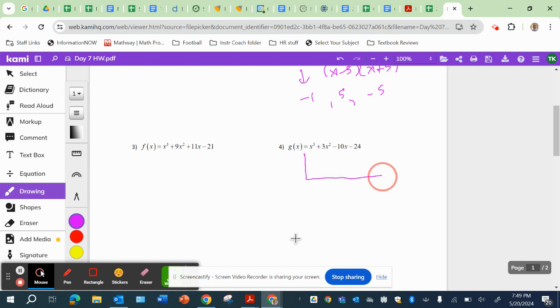So again, looking at my factors here, I have a whole bunch of them. 1 and -1, 2 and -2, 3 and -3, 4 and -4. We're hoping that one of these works. So let's try -1 first this time. Bring down the 1.